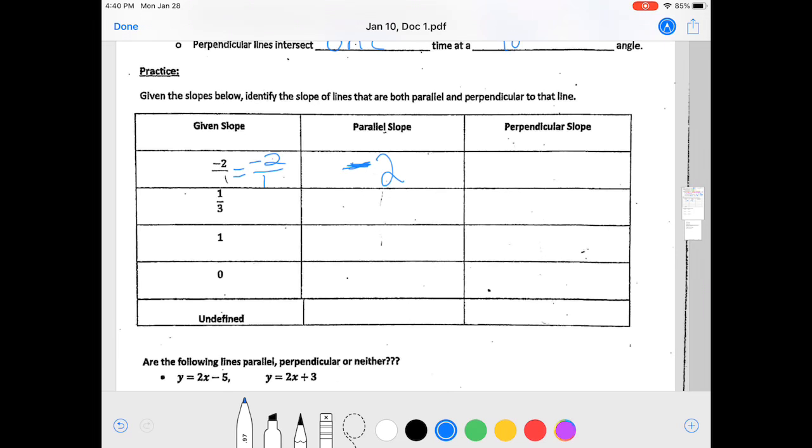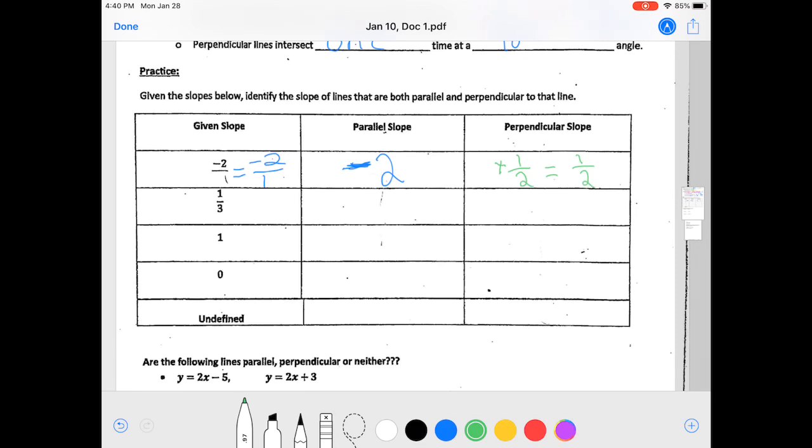So the perpendicular slope is going to change the sign. So now it's positive, and we're flipping the fraction that we did under given the slope. So it's going to be 1/2.